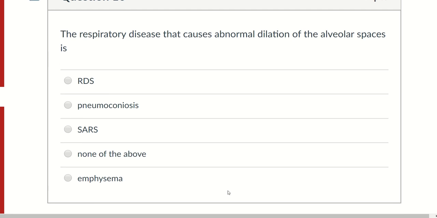The respiratory disease that causes abnormal dilation of the alveolar spaces is respiratory distress syndrome, or pneumoconiosis. So that's DUS.